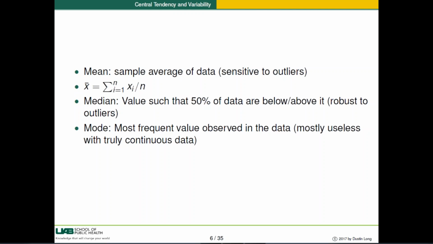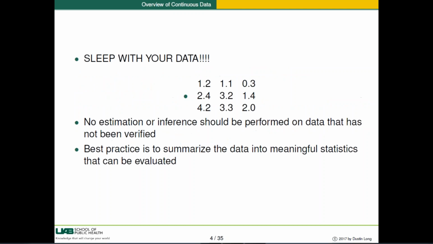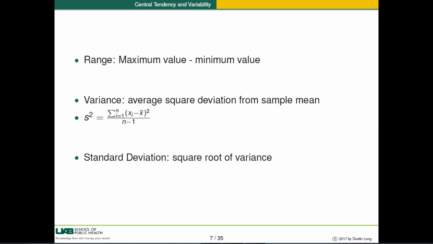I'll have mean and standard deviation and median and IQR, because the two together give me the fuller picture. Like I said before, I like to sleep with my data, and those pieces together give me a better picture. Almost always when you go to a journal, they'll want one, and I have been dictated to by journals which one they want.